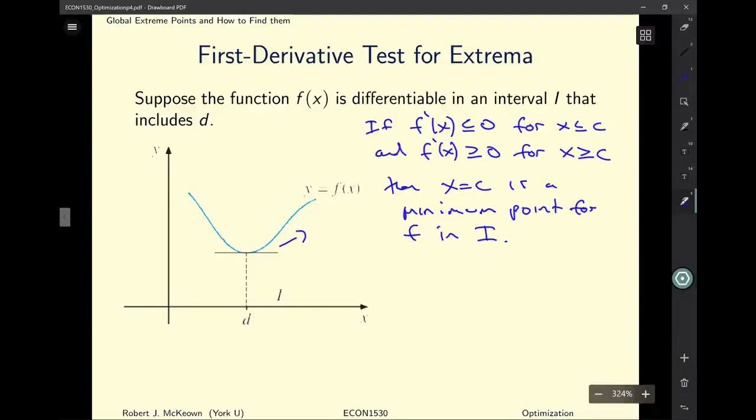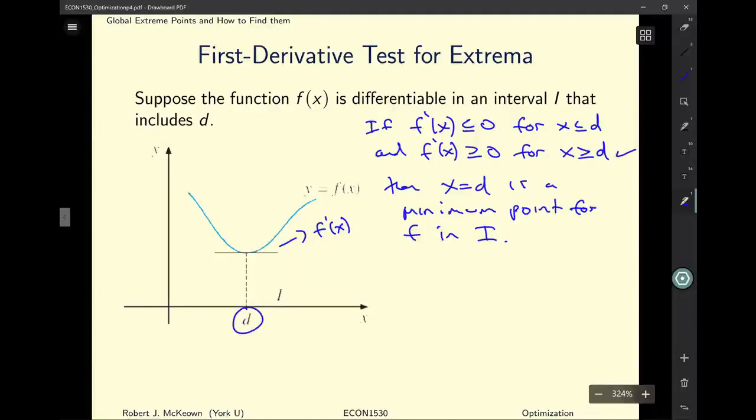You can see here we've got the slope is increasing when x is greater than or equal to c. So that condition is satisfied. I used c, but of course I changed it up a little bit and we're using d here.